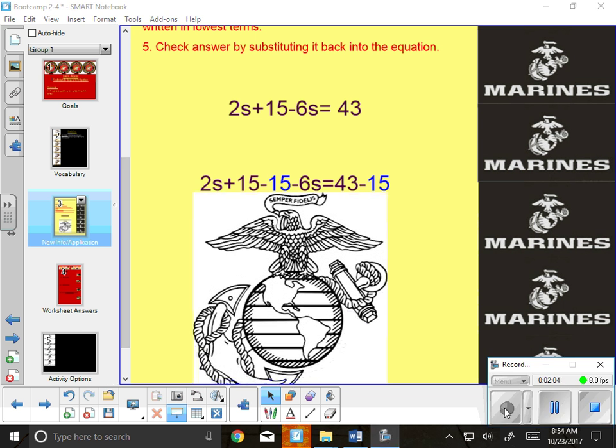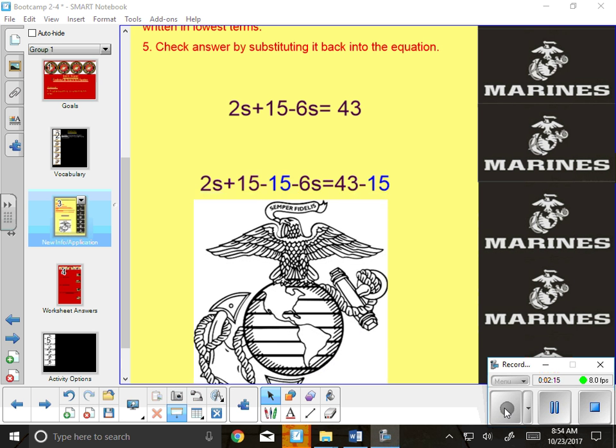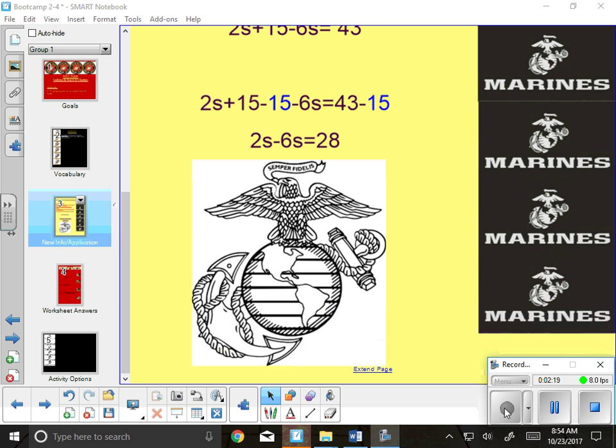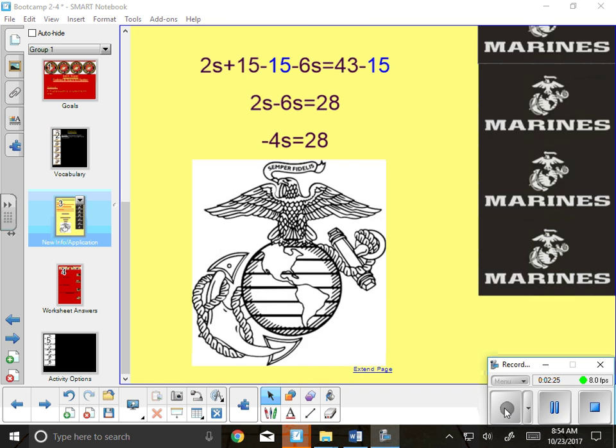Or you can subtract or add what is not attached. So what I did is I subtracted 15 from both sides because what you do to one side, you have to do to the other. When I do that, I get 2s minus 6s equals 28. I'm going to combine the 2s minus 6s, and I'm going to get negative 4s.